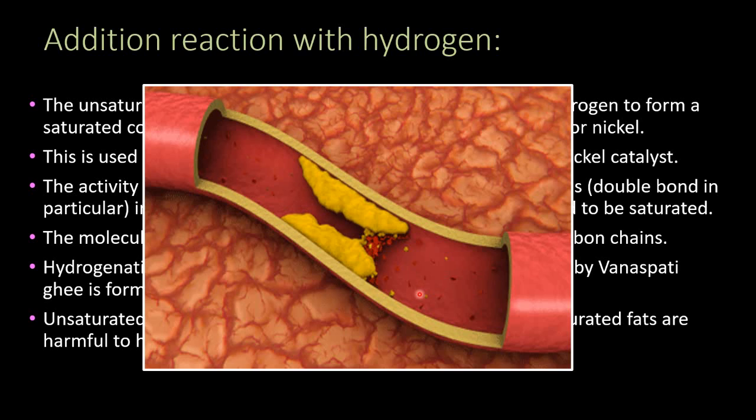So what happens? These saturated fats manage to get into the pores of the blood vessel and get deposited in the walls of the blood vessel, hence blocking the blood flow. This condition is called atherosclerosis. This is why it is said that saturated fats are harmful for health.